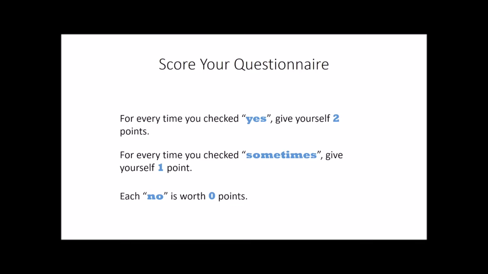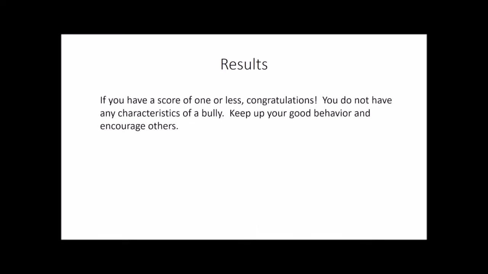And for each no, give yourself 0 points. Here we go. Results. You add up all your points, boys and girls, and find out what your total is, and then find your results.